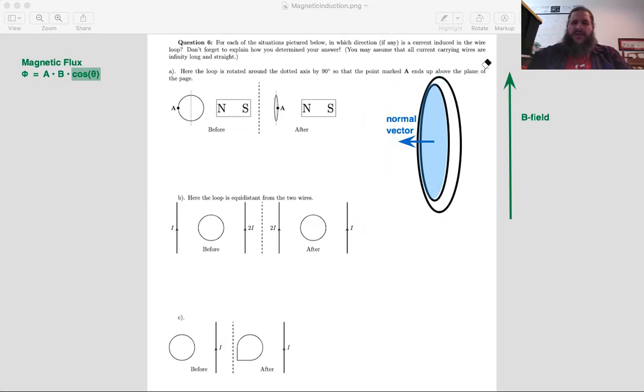Whereas if you have the magnetic field lines at some other direction, like let's say the magnetic field lines are on some diagonal. Let's say the field lines are about like this direction, continuing through the loop, something like this.